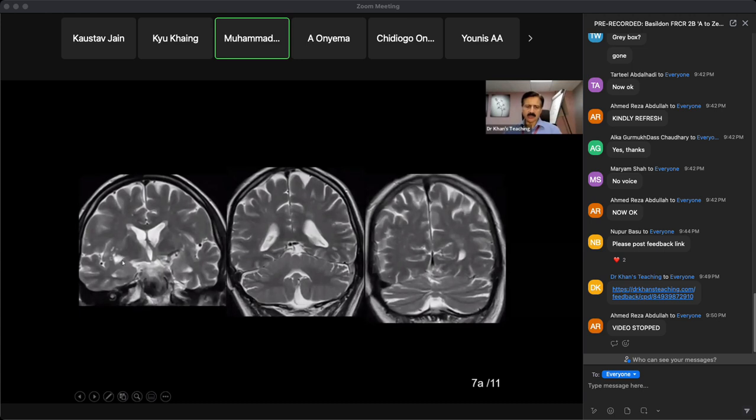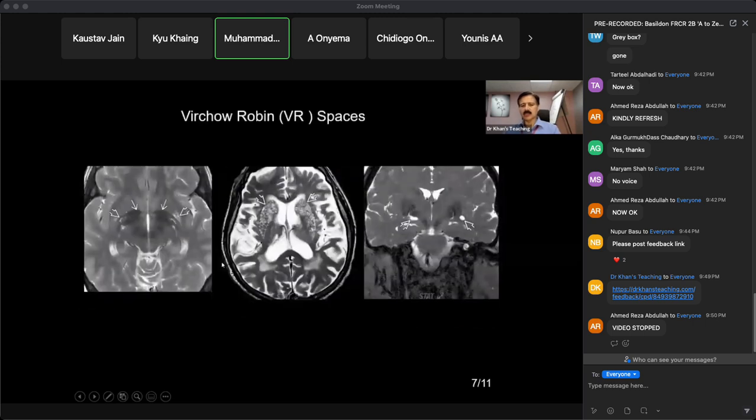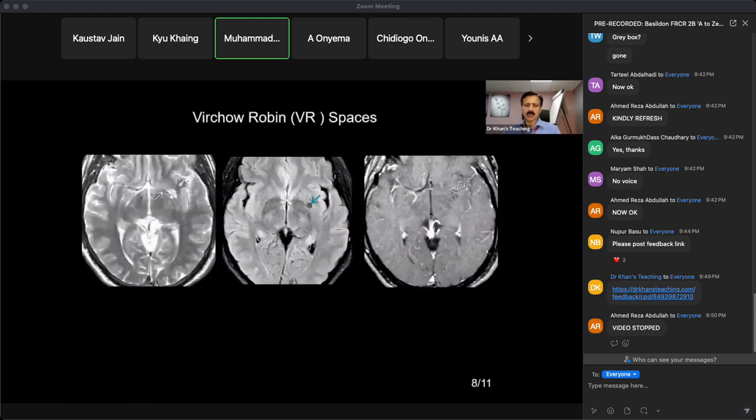Here, in the region of the basal ganglia, this is a Virchow-Robin space, and these are not what we call lacunar infarcts. Other examples. Look at this one. So many, multiple, and this one and this one. I've seen it so commonly that people confuse it and just report it as a lacunar infarct.